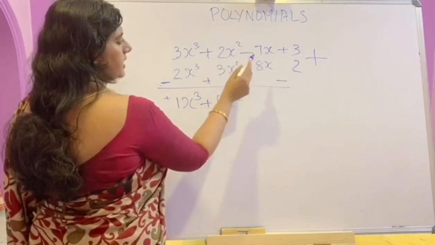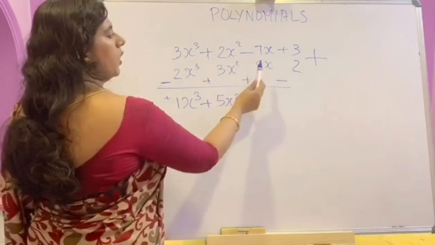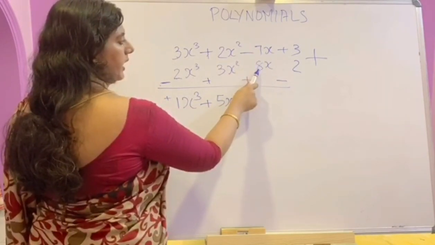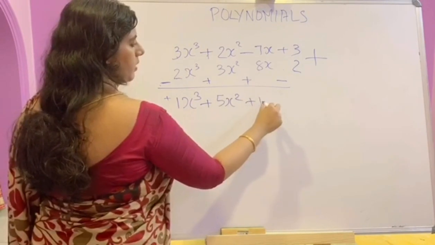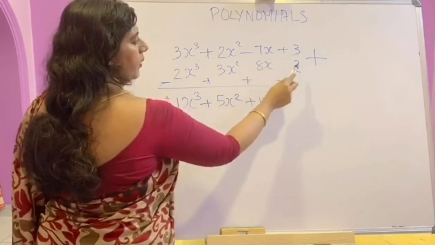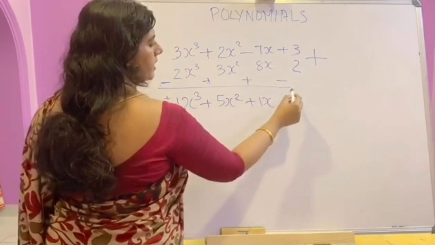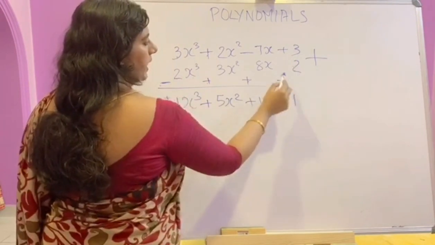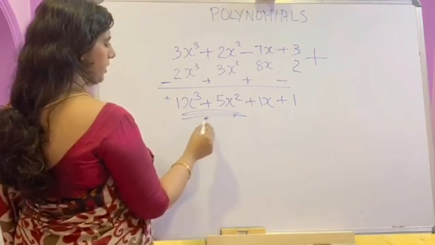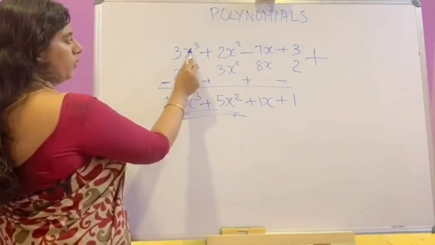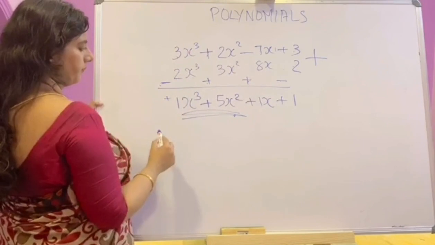Now again one is negative and one is positive, so subtract the smaller from the greater number and use the greater number's sign, plus 1x. Now again plus and minus, subtract smaller from greater and put the sign of the greater number. This is the answer.